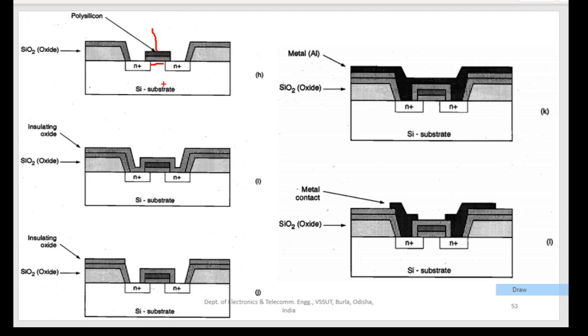Okay, so after forming the n plus regions for the NMOS transistor, this is again covered with an insulating oxide layer on the top. Then this insulating oxide layer is patterned in this fashion so that the gate material is covered with the insulating oxide layer, and this window is open, and this is filled with metal.